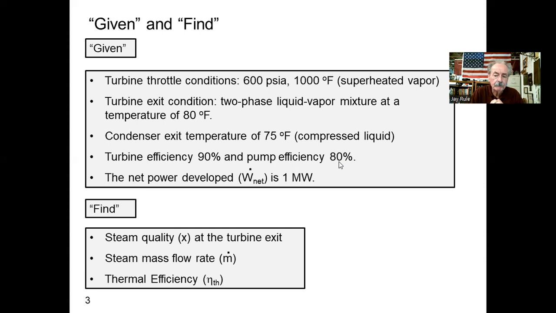So those are going to be modeled as adiabatic and irreversible. And finally, given the net power developed, W dot net, is 1 megawatt. Here's what we're supposed to find. The steam quality x at the turbine exit, the mass flow rate of steam, m dot, and the thermal efficiency, eta thermal. All right, well, let's get going. So far, we've spent 4 minutes just talking about the problem.